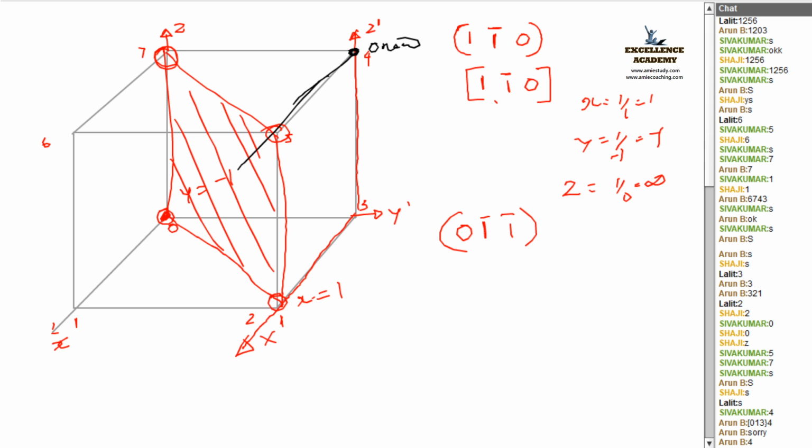This is my new x-axis, this is my new y-axis, and this is my new z-axis. X is equal to infinity, y is equal to minus 1, z is equal to minus 1.